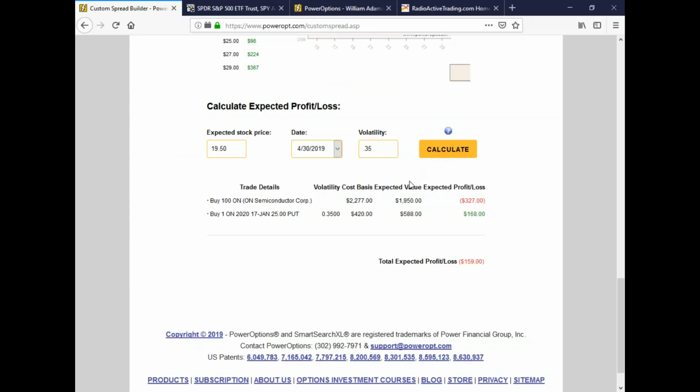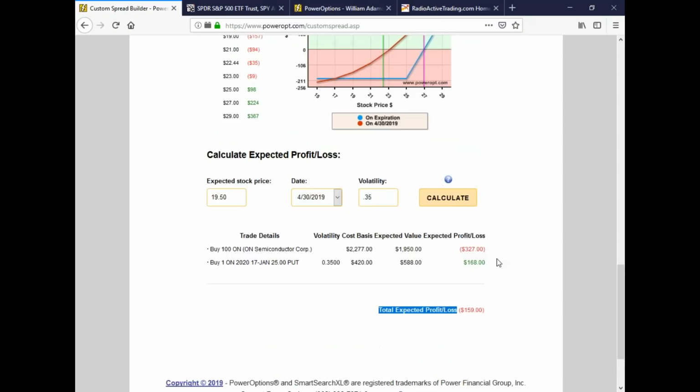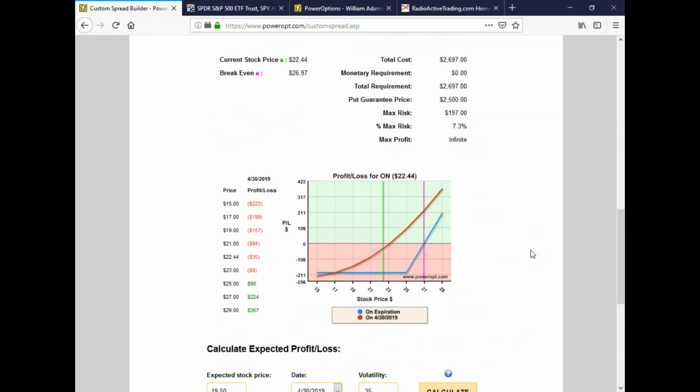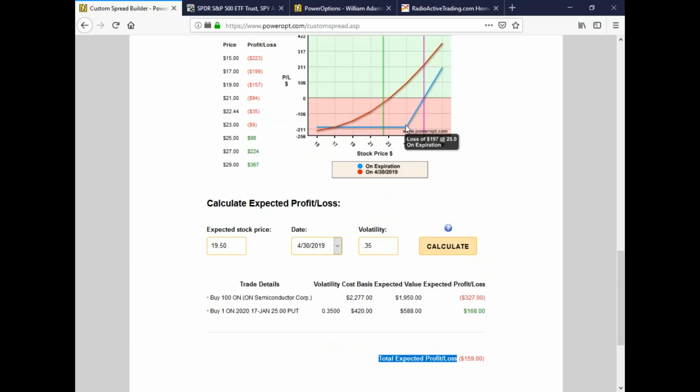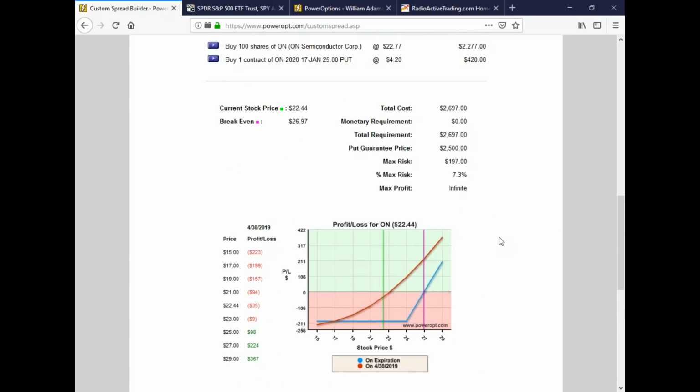Okay. So with the worst case scenario, and it could get worse, but look, at 19.50, I'm at a loss of 159. Not quite near the maximum loss, but still pretty big. Okay? But I still have, with doing nothing, John, I still have to January to make adjustments, take the profit off of this put, set up a different structure, see where my thoughts are in this, or even profit if it continues to fall. Not a problem.